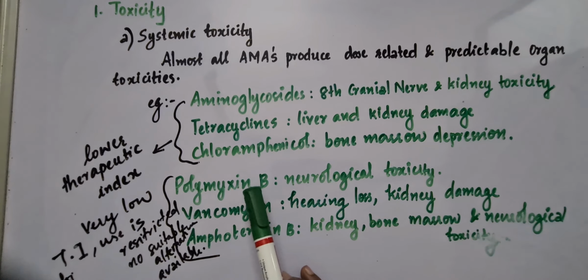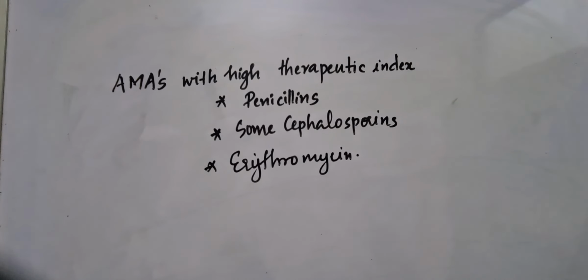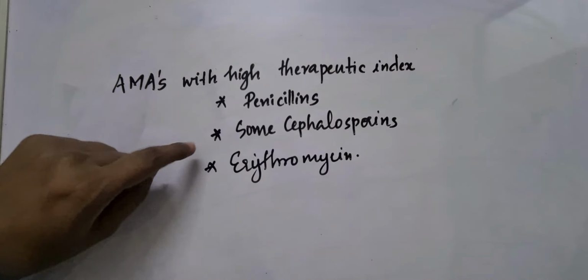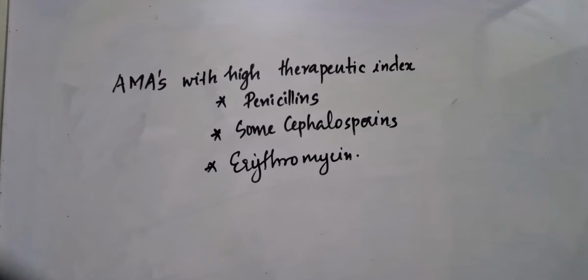So polymyxin B, vancomycin and amphotericin B are antimicrobial agents which have a very low therapeutic index, because of which their use is highly restricted to conditions where no suitable alternative is available. Now let us see antimicrobial agents which have a high therapeutic index, or relatively safer drugs. They are penicillins, some cephalosporins and erythromycin.